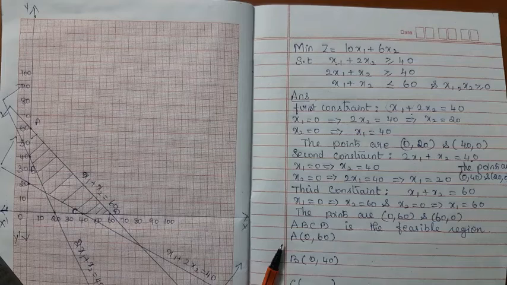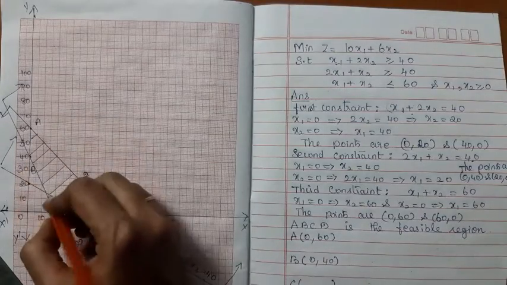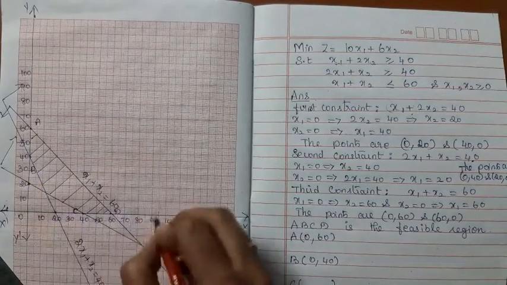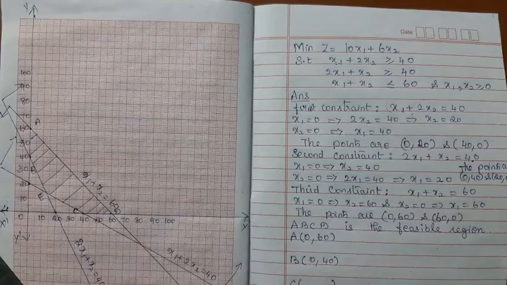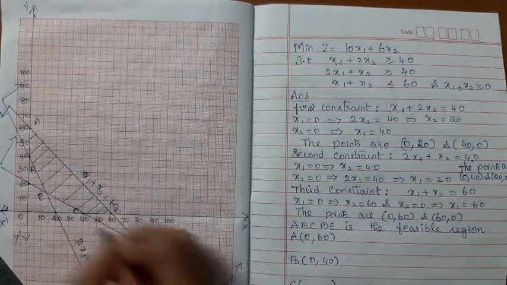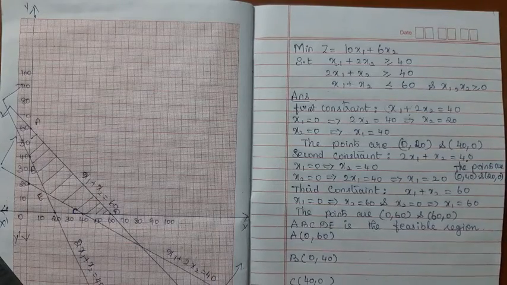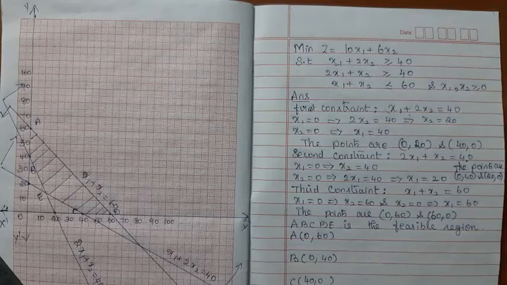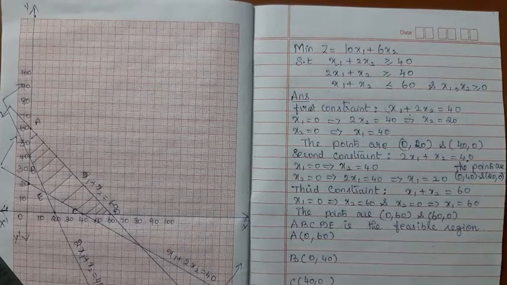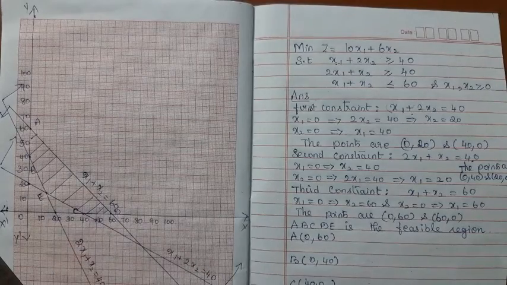Now, what is your C? You have one more corner, so this is your E. So the corners are A, B, C, D, E. Your C is (40, 0) and your D is (60, 0). Your E lies on this line and this line.